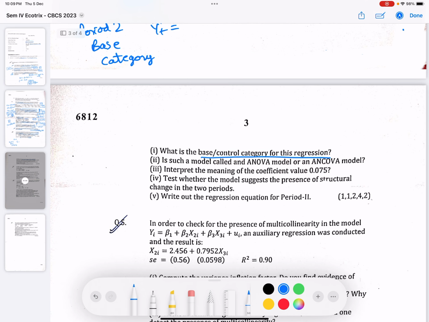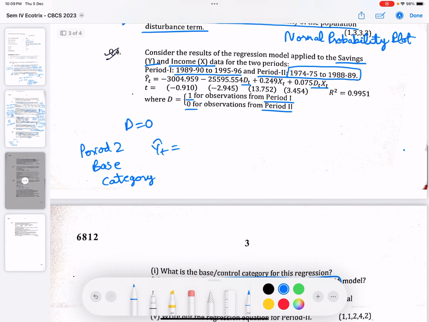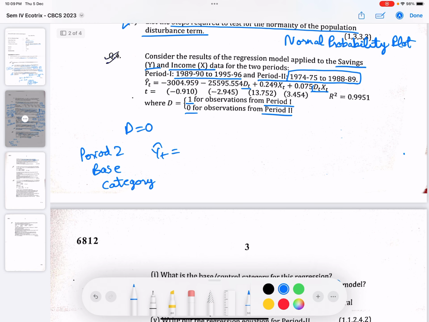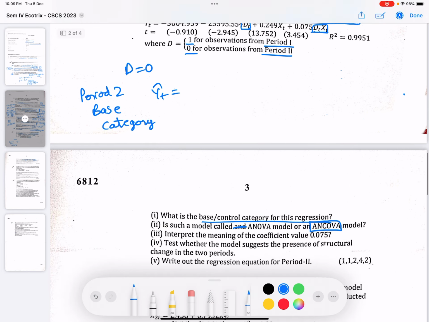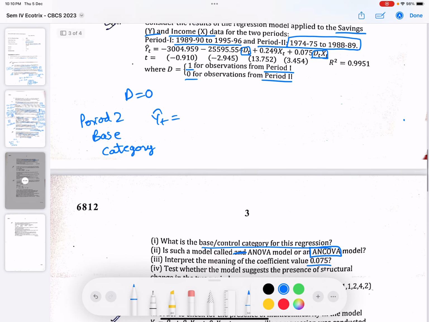Is such a model called an ANOVA model or an ANCOVA model? This is an ANCOVA model because they have included the dummy variable and the interaction of these terms as well. Interpret the meaning of the coefficient value 0.075.